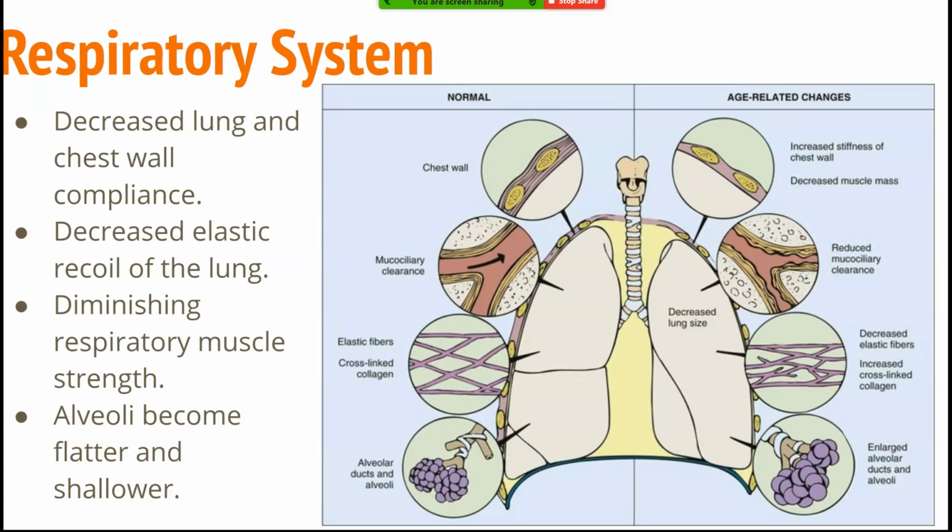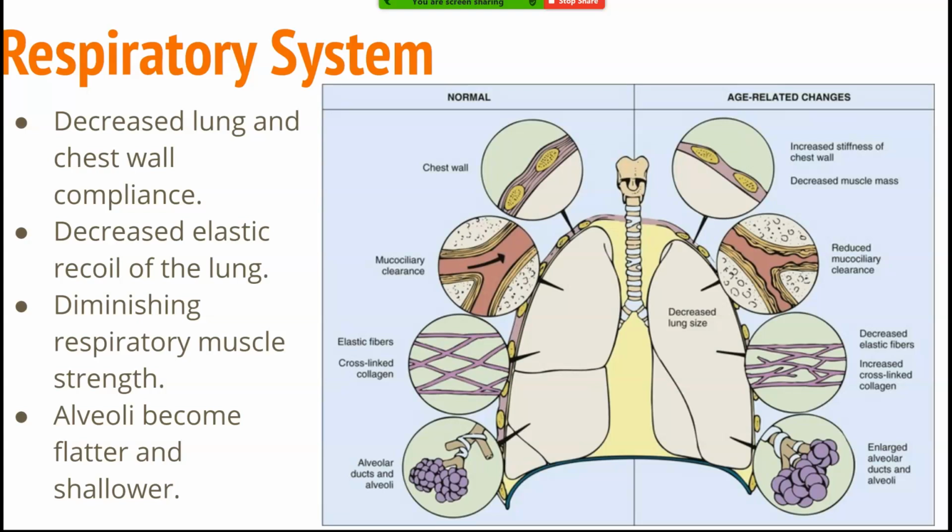As you get older, the respiratory system starts to decline, right? The intercostal muscles are weakened, the abdominal wall is weakened, which means you can't necessarily recruit those muscles to bring the diaphragm down. Lungs start to decrease in size. They're not as elastic, so that recoil is not as robust, which means you have more dead space where the air is just retained.